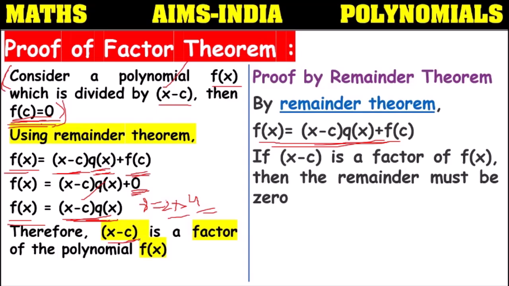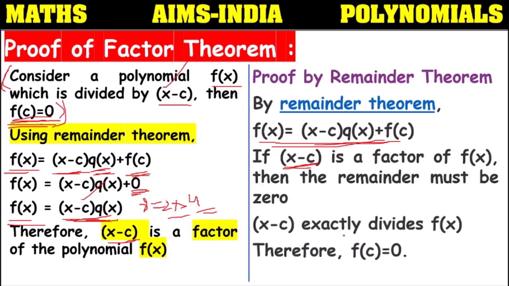Here, if it is a factor, then the remainder must be 0. If it is a factor, according to the definition of factor, what does it mean? It exactly divides f of x. So the remainder will always be equal to 0. So these two cases are possible.